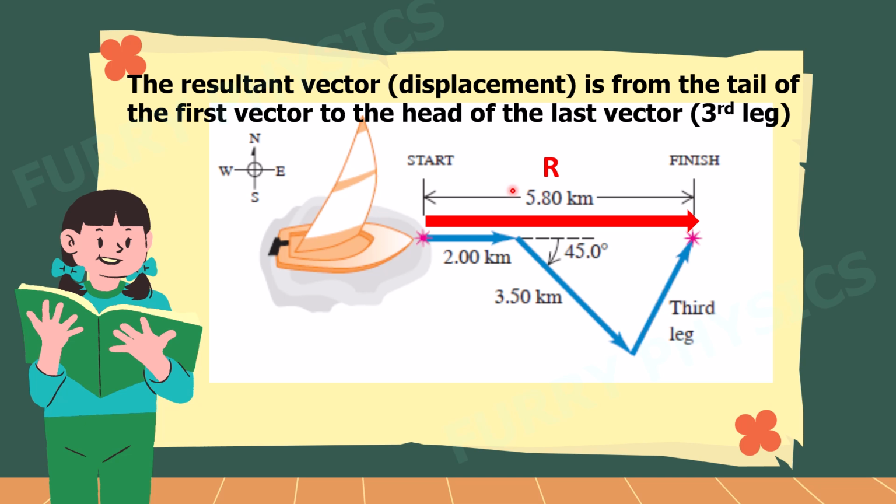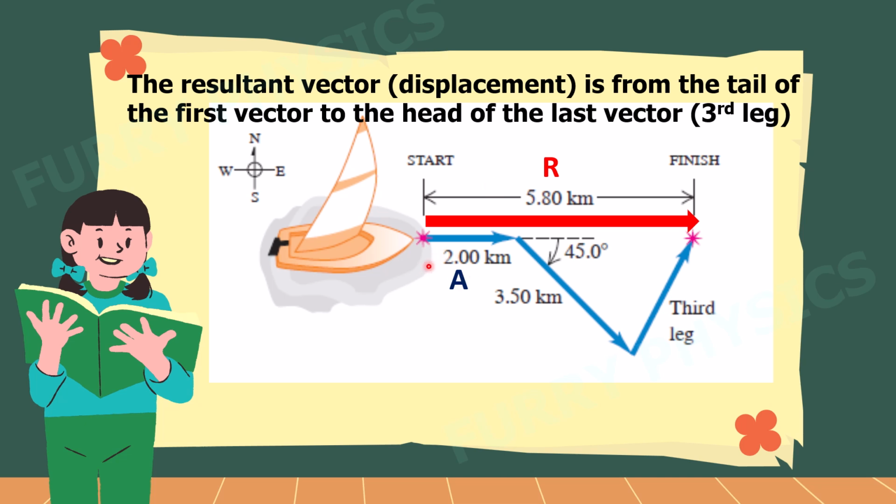The displacement vector, as you can see in the diagram, has a magnitude of 5.8 kilometers from the starting point, and the direction is east.